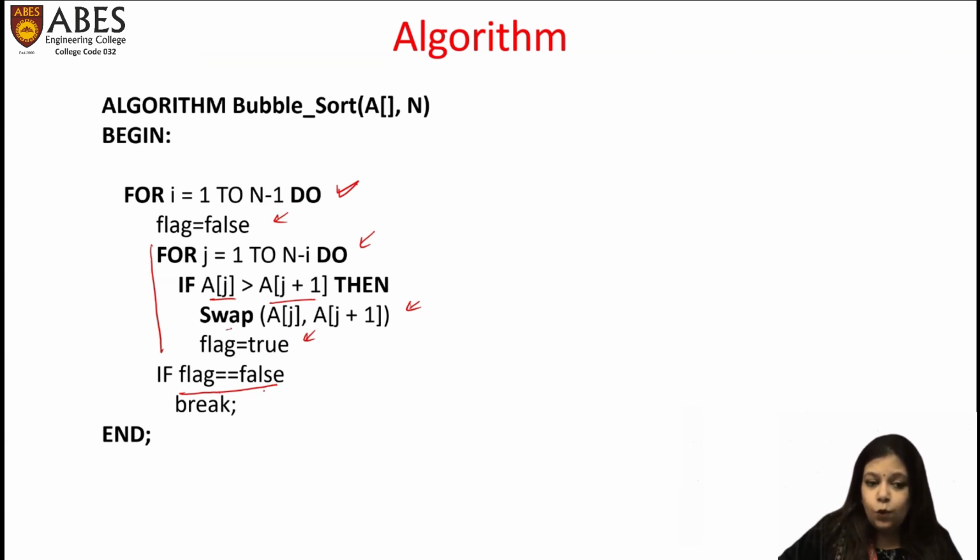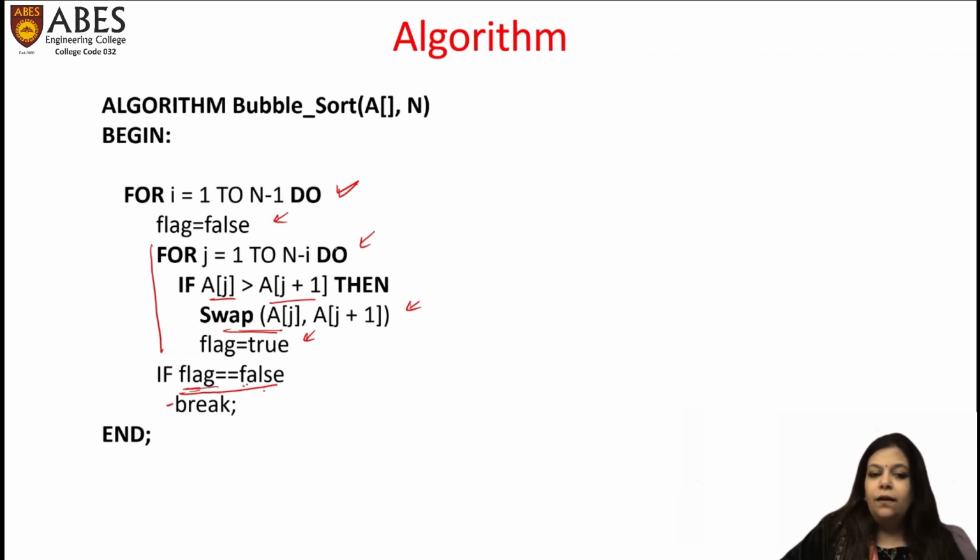Only in that case, no swapping will be performed. And therefore, the array is already sorted. So we can simply check whether the value stored inside the flag is false or not. If it is still false, we can simply come out of the outer loop by using this break keyword.